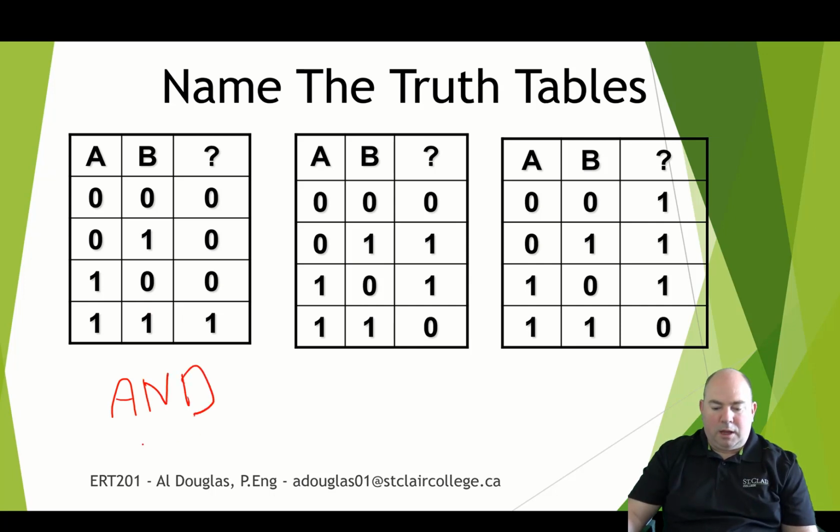So that is the AND. This one here, B only and A only give us 1s, neither gives us a 0, and both give us a 0. That one is the exclusive OR.